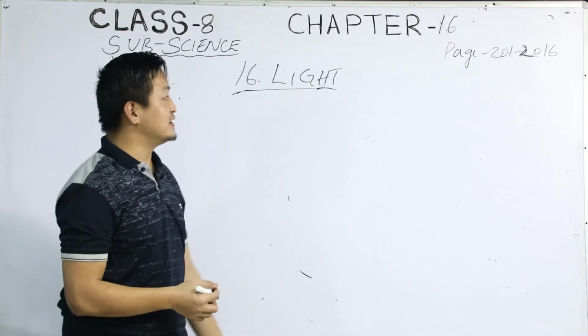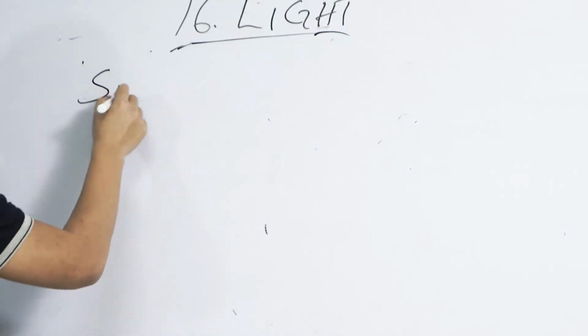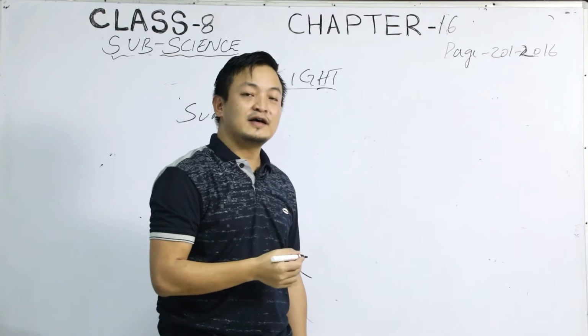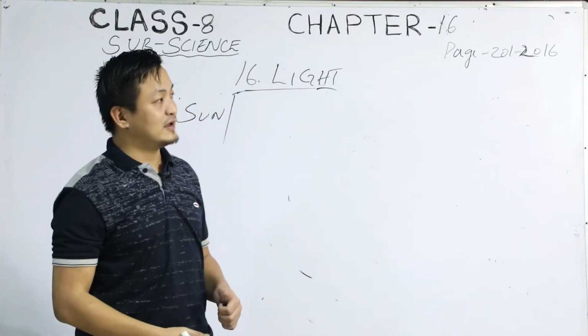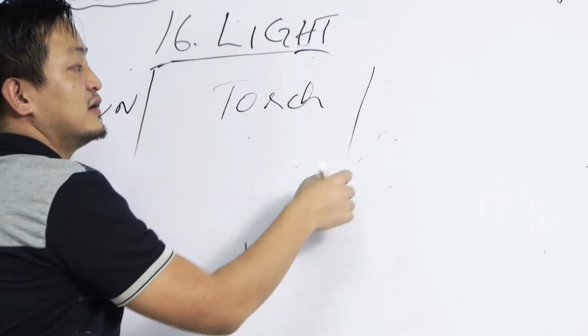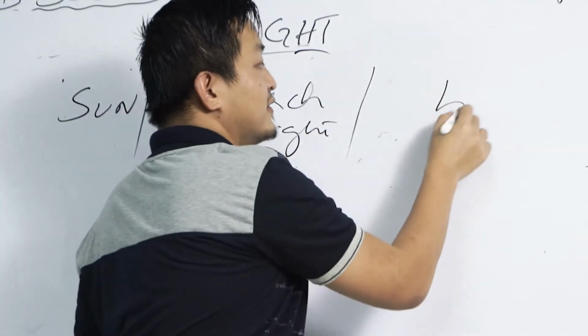Now light, see, the ultimate source of light we get is from the sun, right? The ultimate source of light is the sun. Now we also have man-made light, like a torchlight or a light bulb, from a bulb.